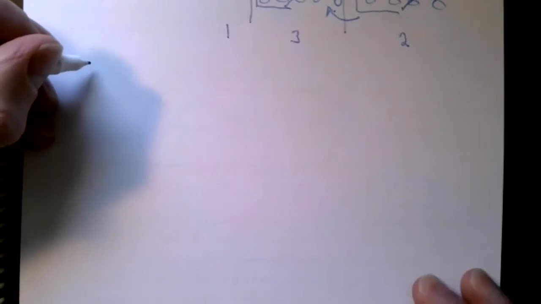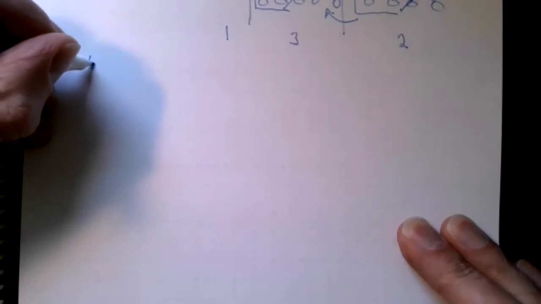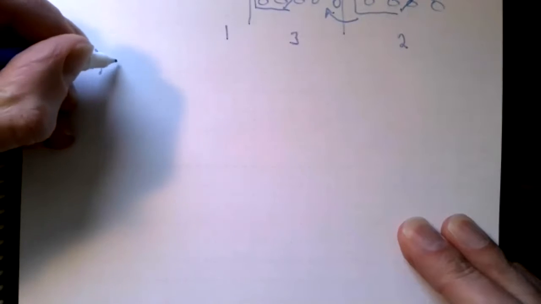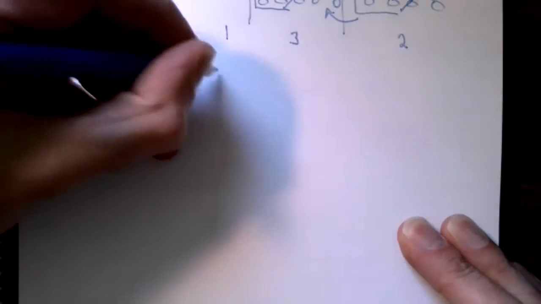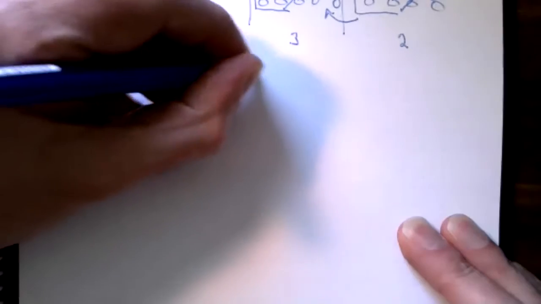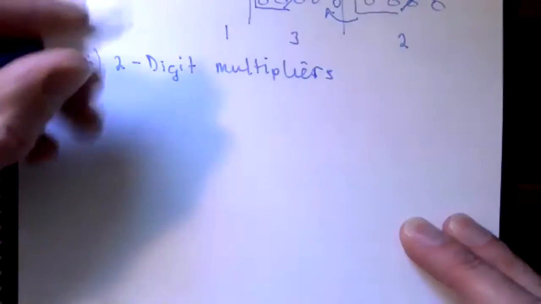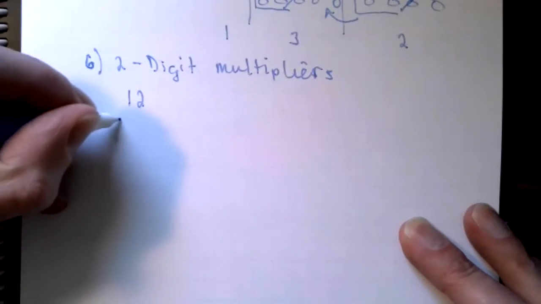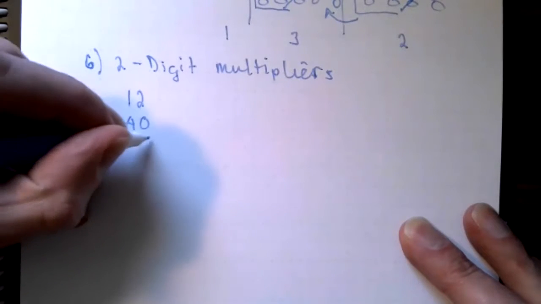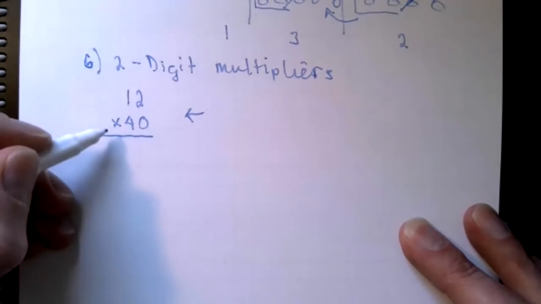Stage 6, 2-digit multipliers. But what you need to start with is stuff like this. Something like 12 times 40.